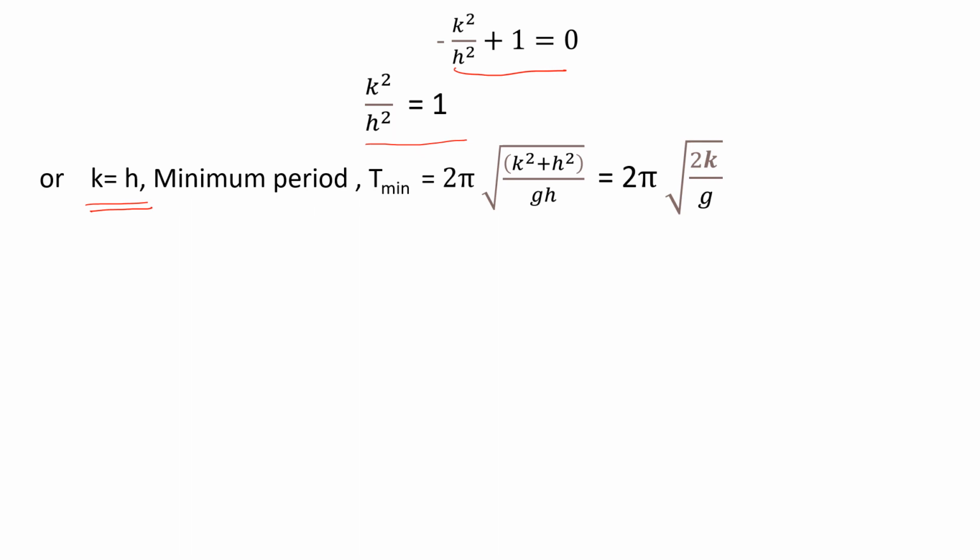This is the condition for minimum period. Therefore, substituting this condition k is equal to h in the expression for the period, we get the minimum period T minimum is equal to 2 pi into root of 2k by g.